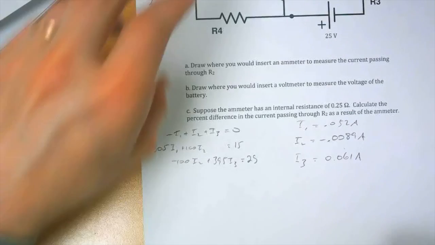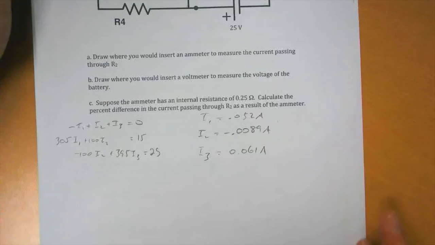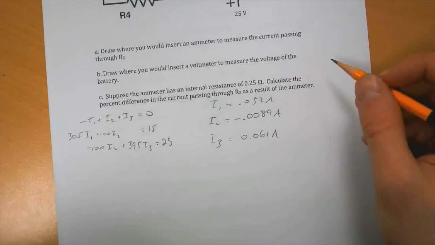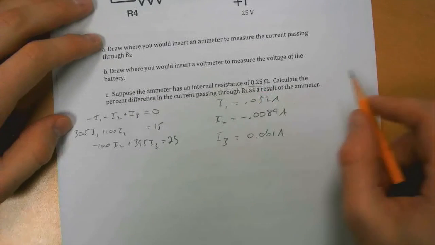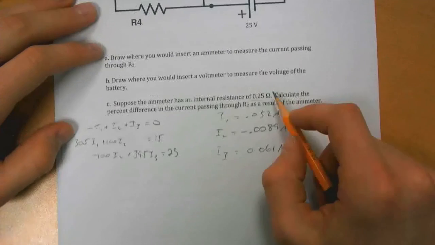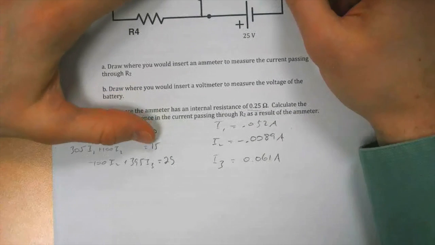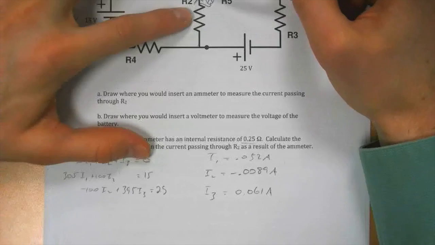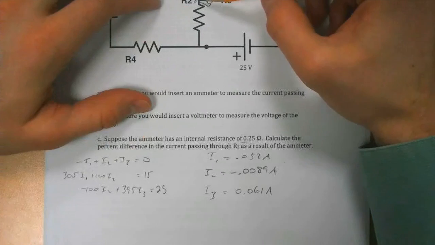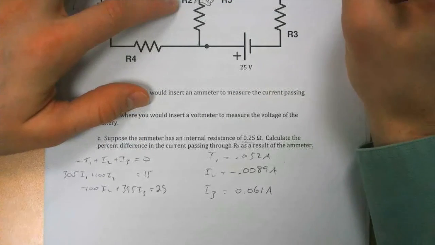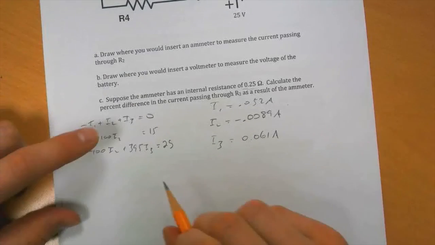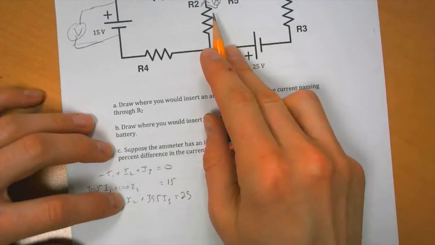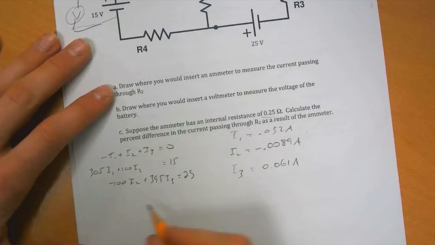Okay, now we want to figure out how the current through R2 is changed by the ammeter if the ammeter has an internal resistance of 0.25. Well, what does this do? This means that there's a resistance in the ammeter that's in series with the resistance of R2. So essentially, R2 is being increased by 0.25. So what are our equations then?